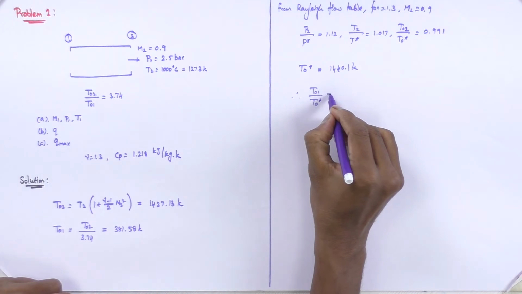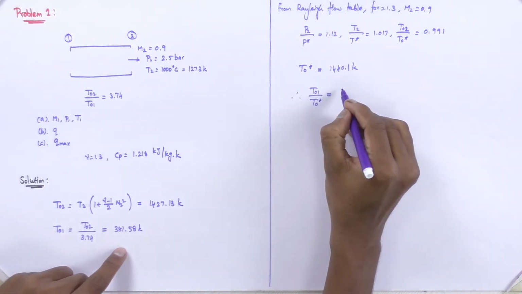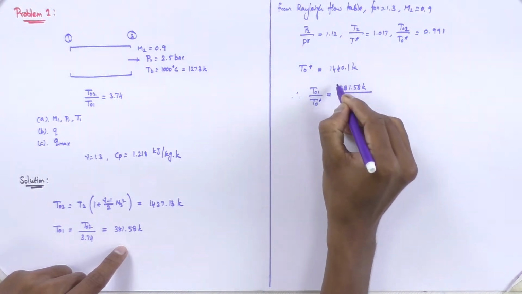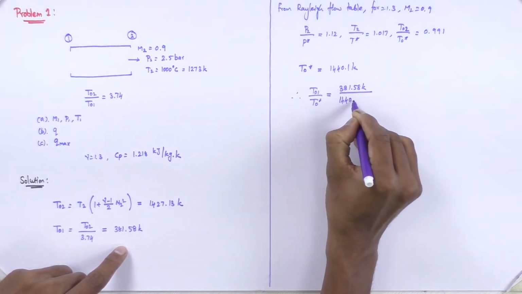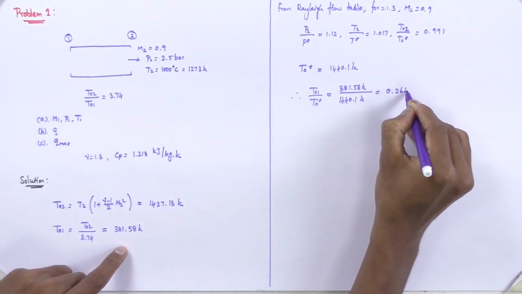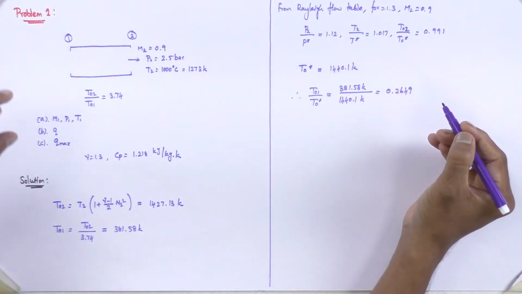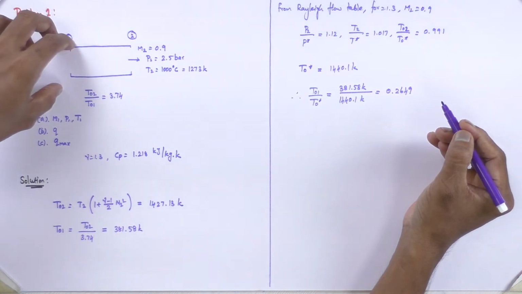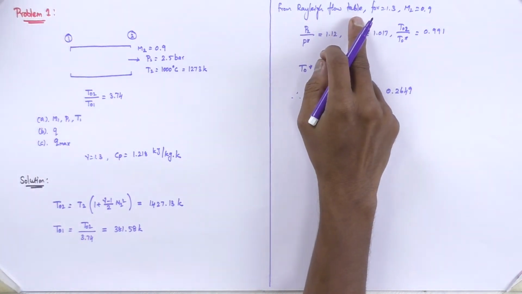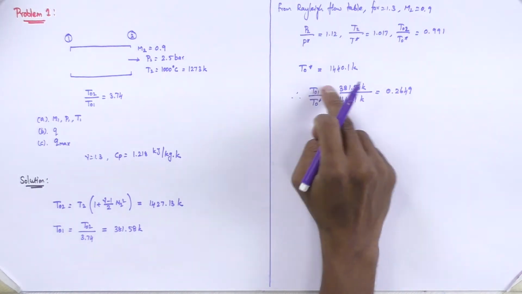T01 is 381.58 Kelvin divided by T0 star, 1440.1 Kelvin, which is equal to 0.2649. To calculate the inlet properties, again we have to refer to the Rayleigh flow table for this ratio.